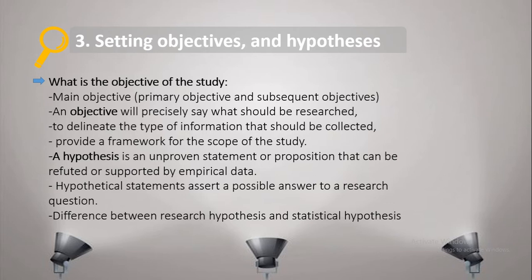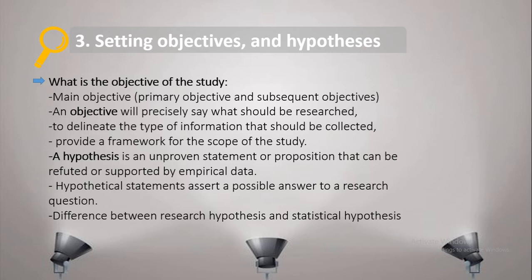An objective will precisely tell what should be researched. Means what you are going to research and what is your target. It describes the type of information that should be collected. It also provides a framework for the scope of the study.